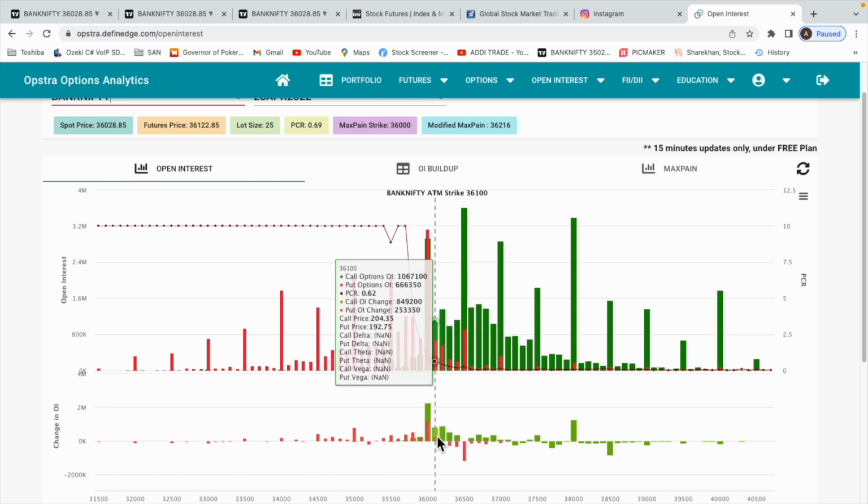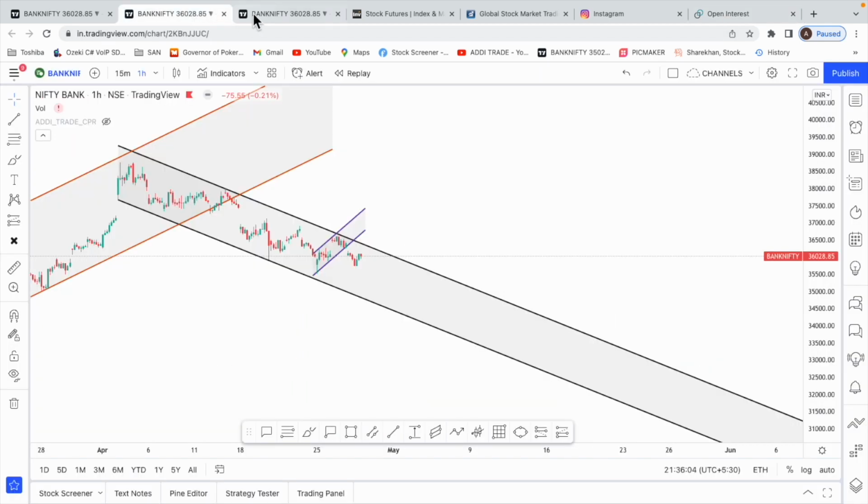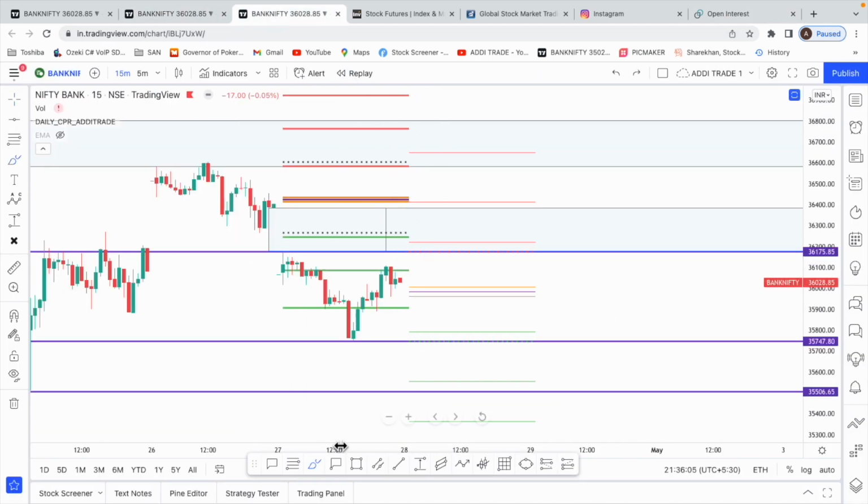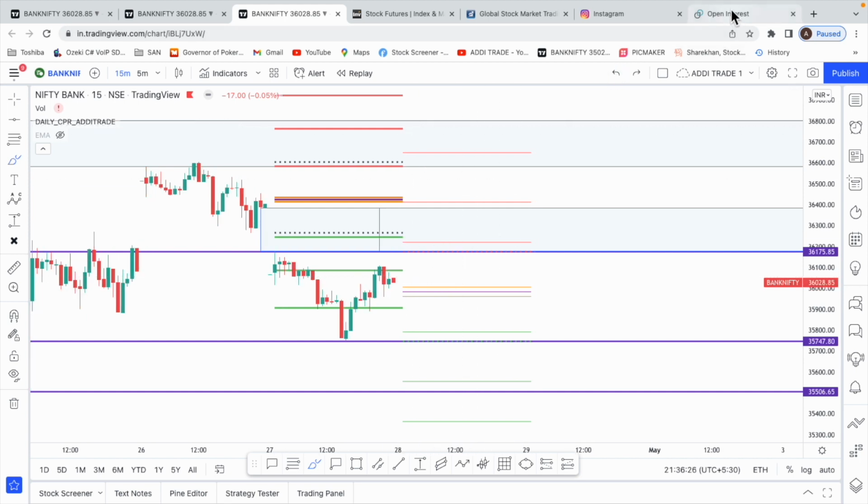So that's why I'm expecting, in case we get a flat opening or a gap up and we come close to this 36,200 region, there is a possibility we can take a strong rejection at this level and dip until CPR as the first target and S1 or the previous day low as the second target. So that is based on the open interest.